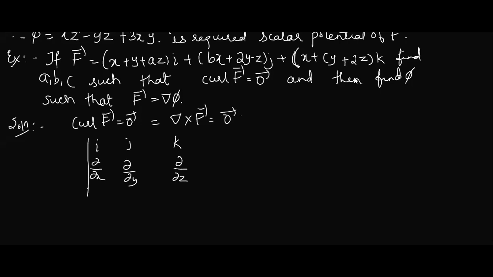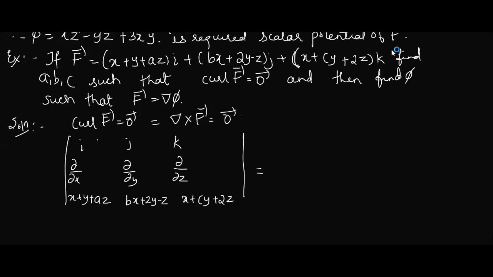What is the i coefficient of f? x plus y plus az. This is i, dou by dou x. This is x plus y plus az. Coefficient of j is bx plus 2y minus z, and coefficient of k is x plus cy plus 2z, equal to 0 vector.